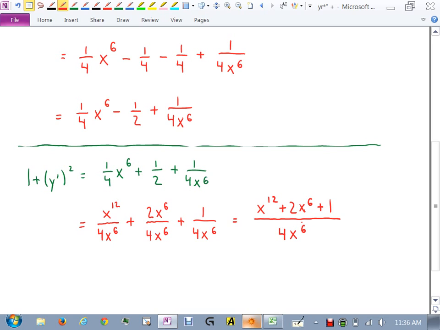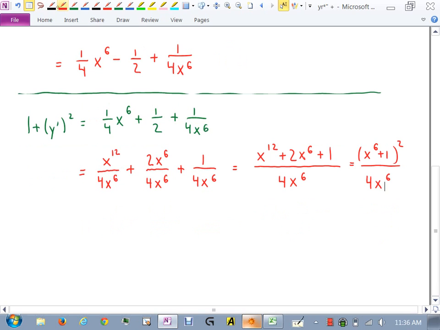The top is x to the 6th plus 1 squared. And then the bottom, 4x to the 6th, that we can take the square root of in a minute. That'll be nice. This all right? Ready for the arc length? Let's do it.